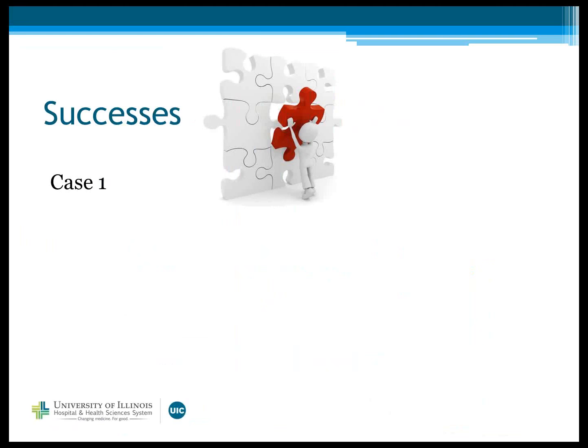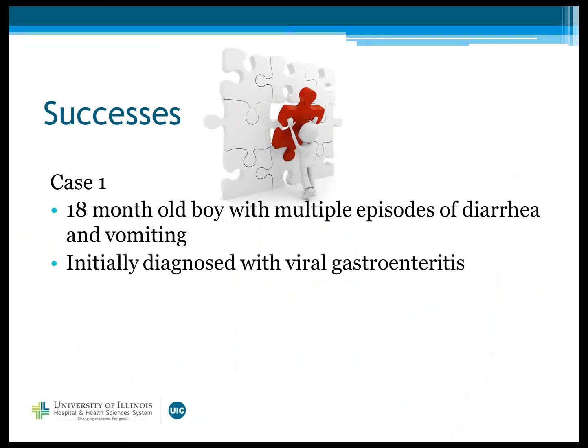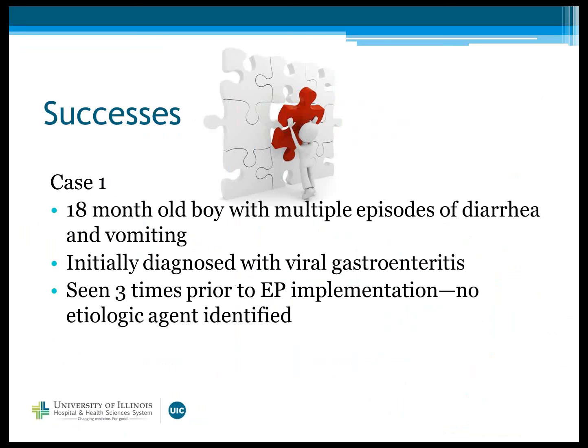So I just wanted to talk about a couple of the cases that we've come across since we've implemented this test. The first case was an 18-month-old boy who had multiple episodes of diarrhea and vomiting and had come to our emergency department and pediatric clinics, was diagnosed with viral gastroenteritis, and sent home on supportive therapy. He'd been seen 3 times prior to the implementation of EP with no etiologic agent identified.